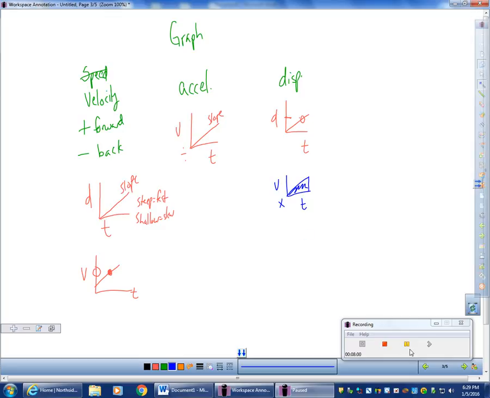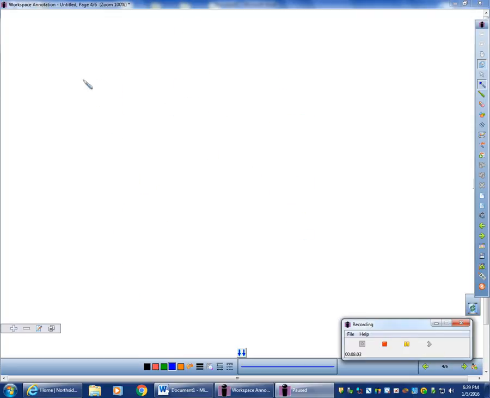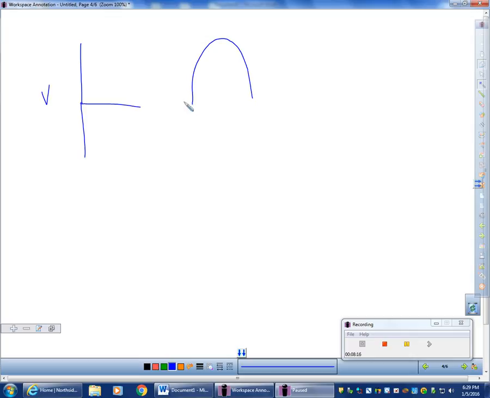Some examples of graphing. Let's start out with looking at the velocity. If you were in a car driving along and you approached a turn, your car, in order to avoid flipping, would need to slow down as you approach that turn.